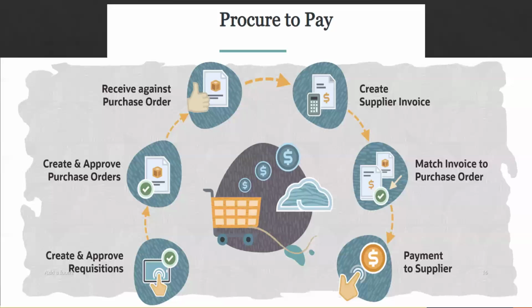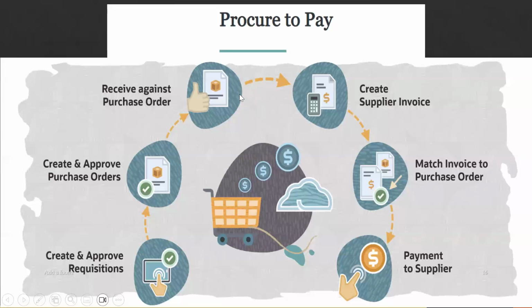Based on that, suppliers will provide a quotation with this quantity and this type of standards and quality. Then we'll choose the best supplier, who is providing the best quality and best price, and raise the purchase order to the supplier. Then the supplier will deliver the product or raw material to us based on the purchase order which we created.